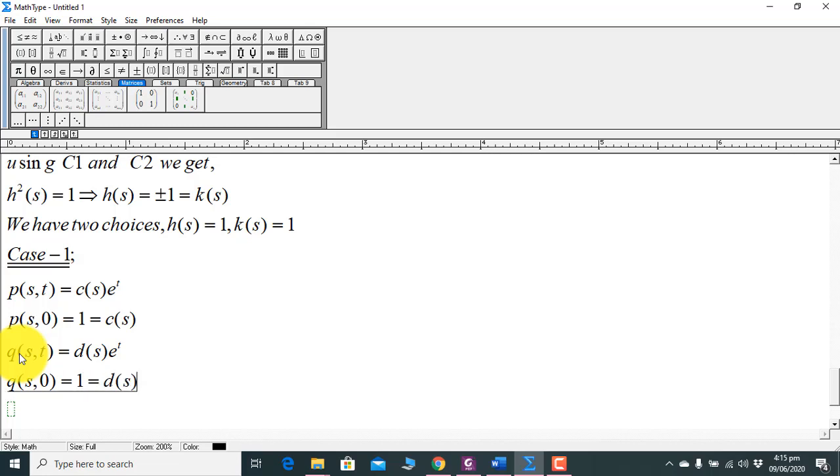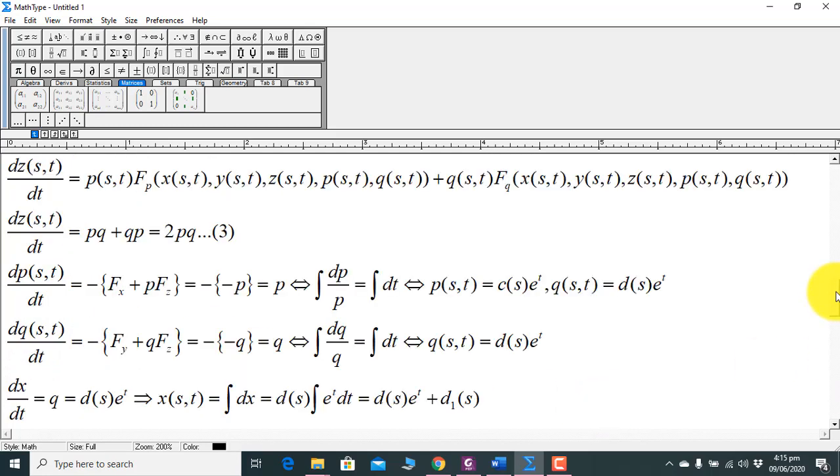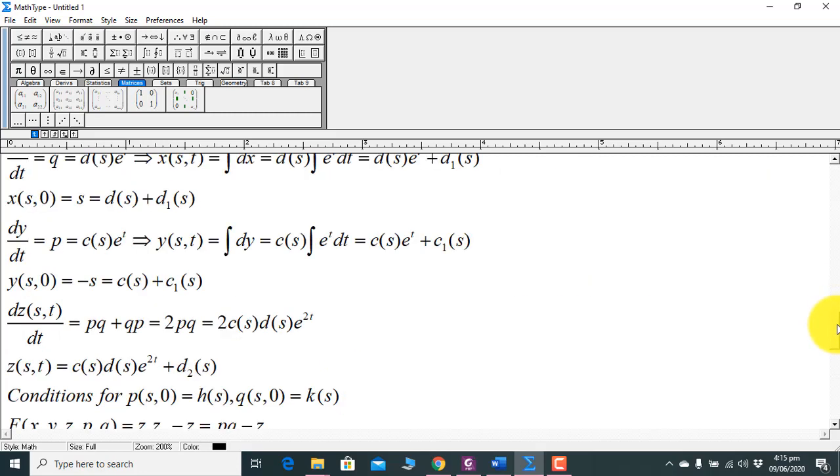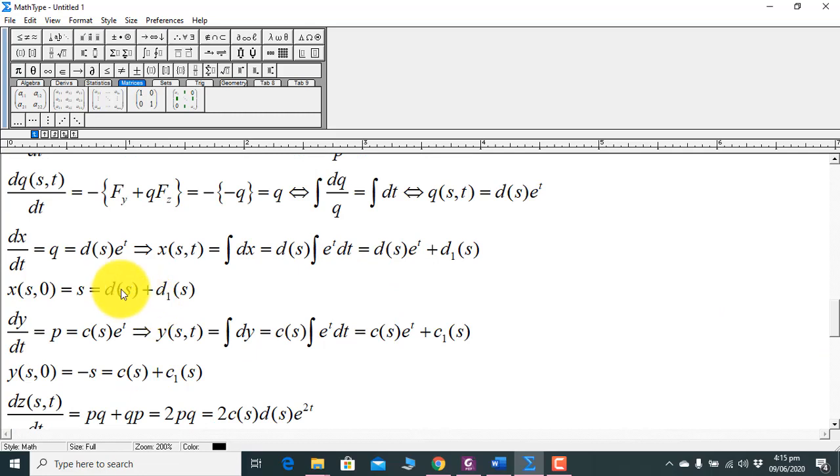So indeed d of s and c of s are 1. So what can be the answer for x and y? For x, you remember, please go back, this was the condition. So d is 1 and c is also 1.